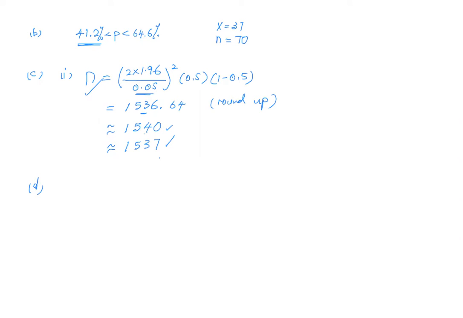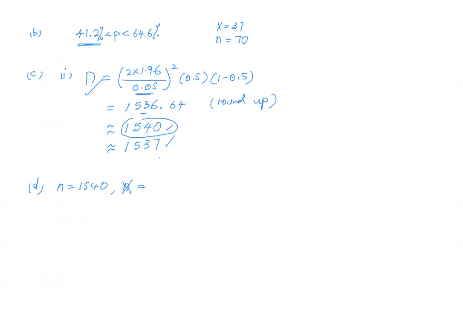How should the council react? Now, for part D. So they have to find the confidence level. So that means if you take the sample size as this, the n is 1540. So may I know what is the n, what is the x?